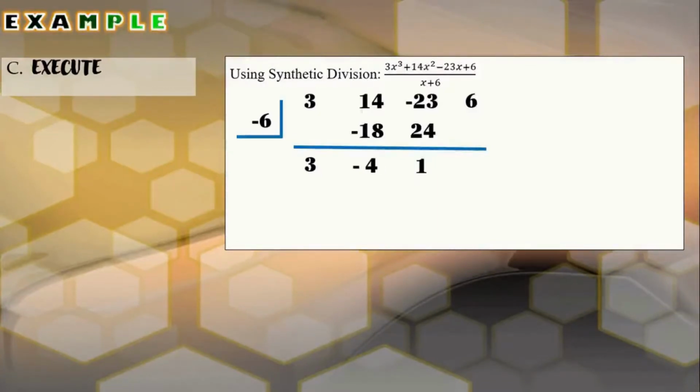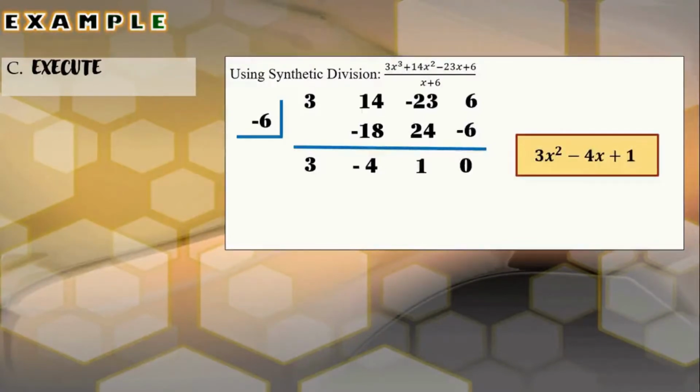Negative 6 times 1 is negative 6. So 6 minus 6 is 0. Now, since ang dividend natin is 3x cubed, bawasan lang natin ang isa, yung exponent. So, that will become 3x squared minus 4x plus 1.